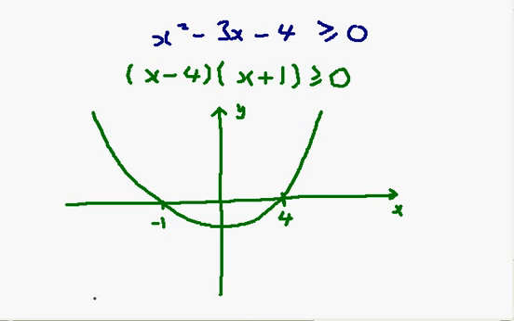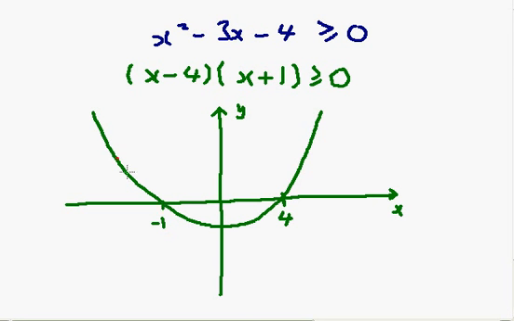So this time around we're asking where is the parabola greater than or equal to 0, or greater than or equal to the line y equals 0. So y equals 0, that's the x-axis. Where is my parabola above the line y equals 0? And that is here.